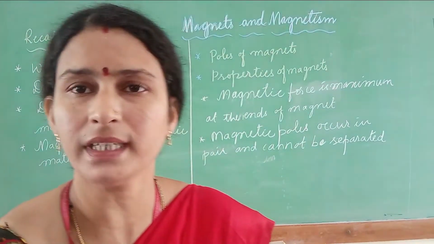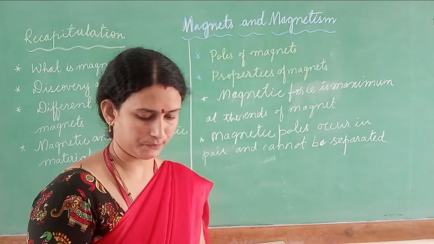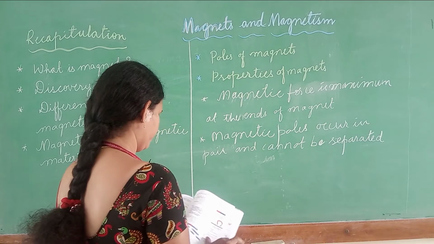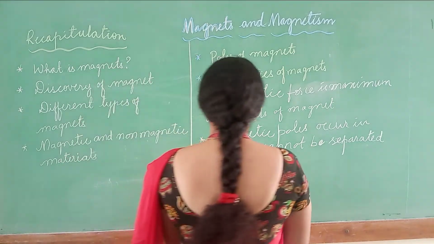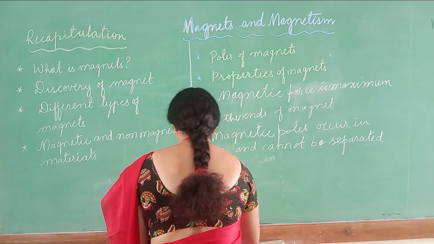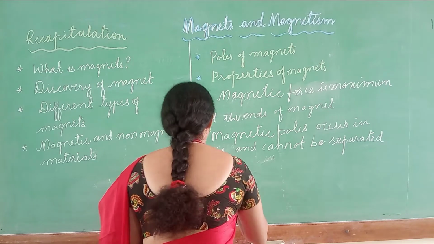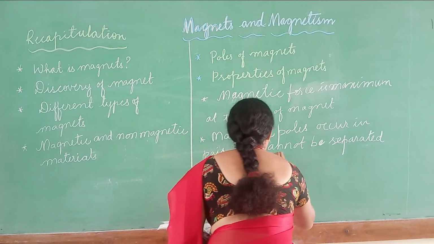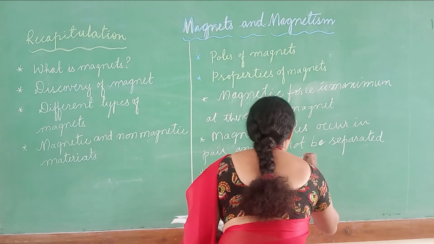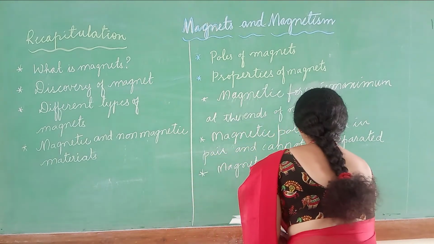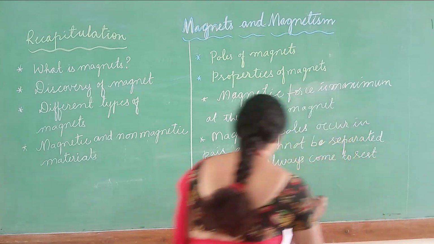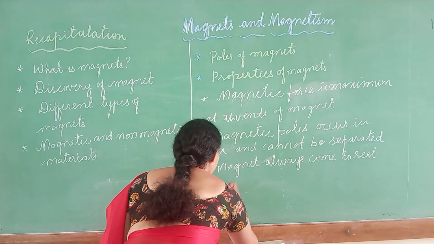So the next property of a magnet is: a magnet always comes to rest in a particular direction.